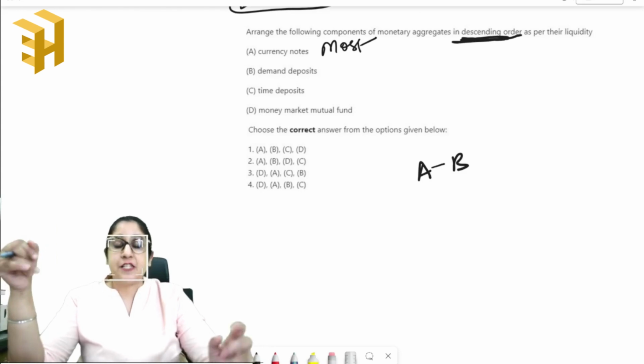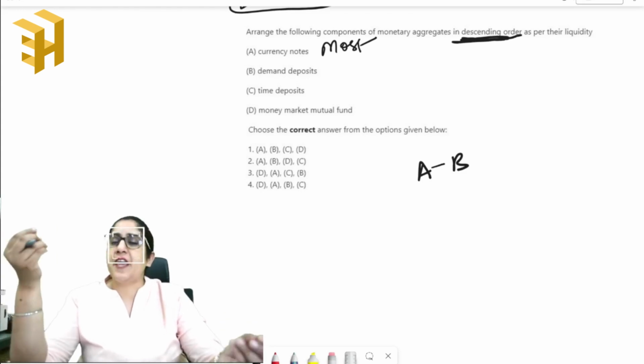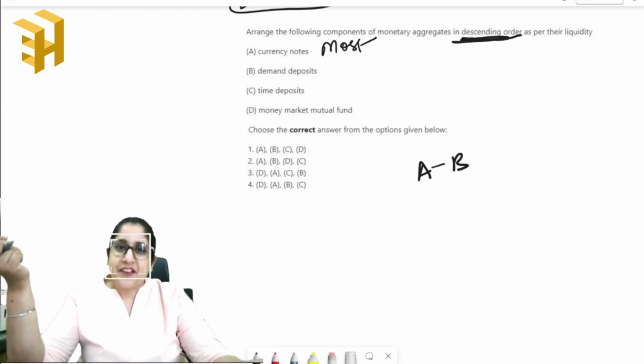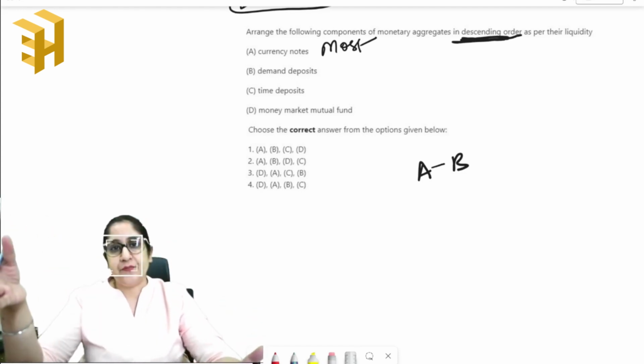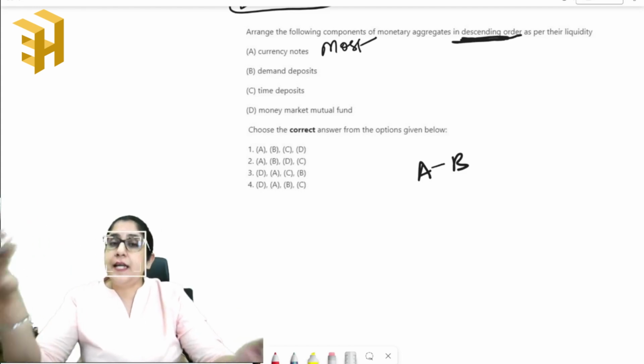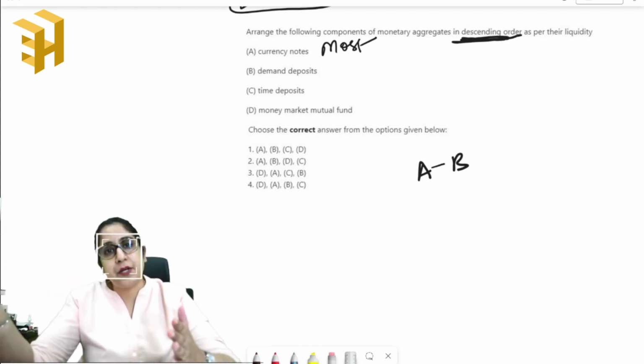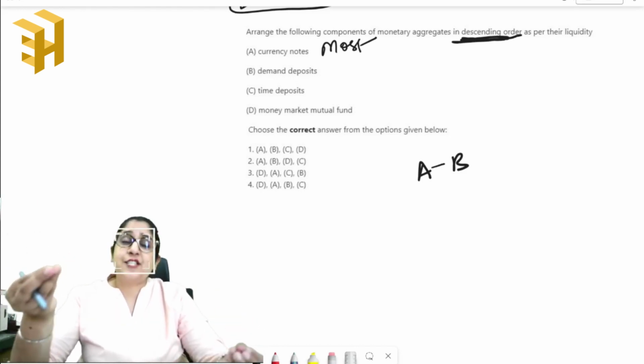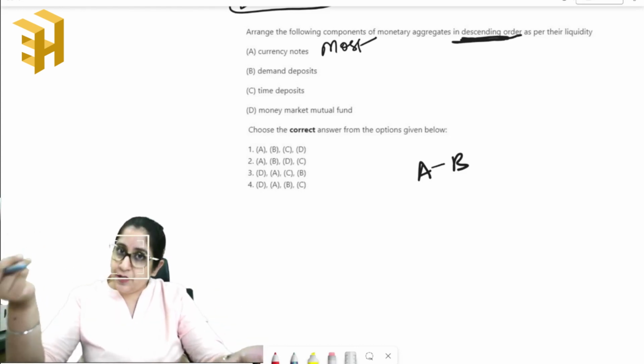But nowadays, with digitization happening, with everything just a click away, liquidating your mutual funds is equally easy. Rather, if you need the cash right now, you can liquidate it. Yes, you will be paying a penalty for it, but it's okay. At least you will get some amount in your hand immediately.